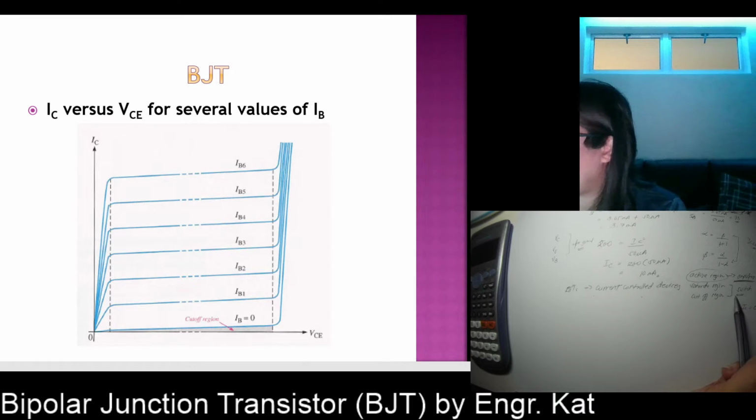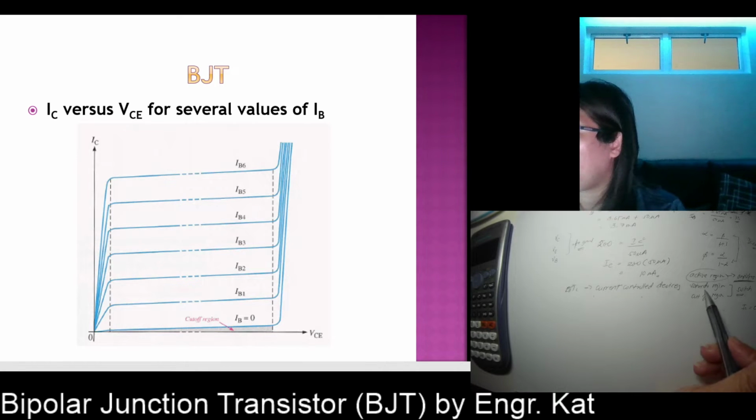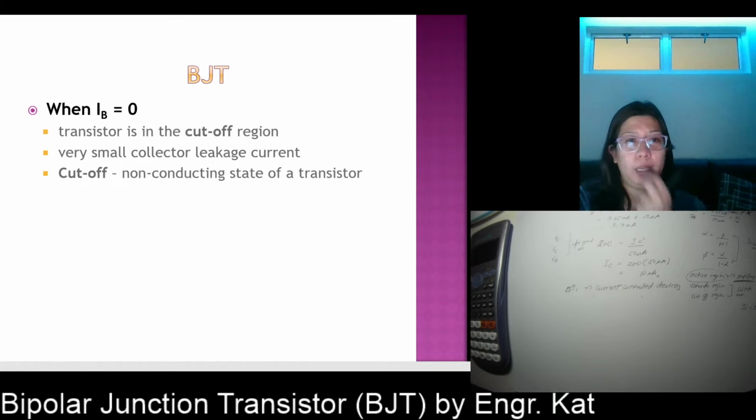So again, when your transistor is operating as a switch, it goes from saturation, the on state, to cutoff and vice versa. So the on and off state. But if it is working as an amplifier, it is working at the active region. So we have a very small collector current.